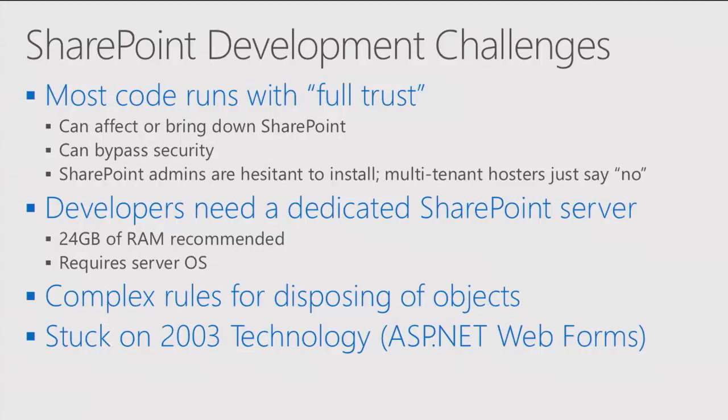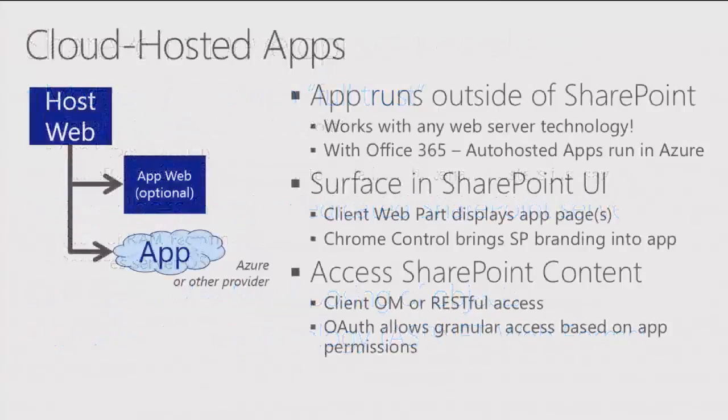Another thing about the existing model is that we're kind of stuck in the past, and I'll talk about that more in a minute. But first I want to remind everybody, if you haven't seen the app model by now, I'll just really quickly mention that when you install your SharePoint app, it goes into something called the host web. So that's a SharePoint site. When you're developing, you need a developer site to do that, but when you deploy it, you can use all different kinds of sites, of course.